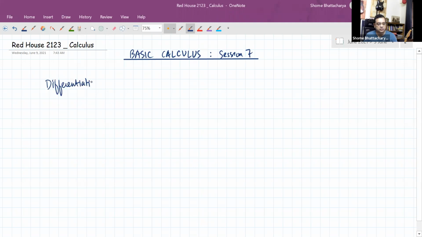Differentiation of inverse trigonometric functions, as an application of chain rule.